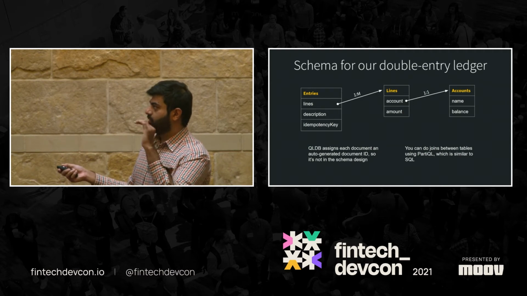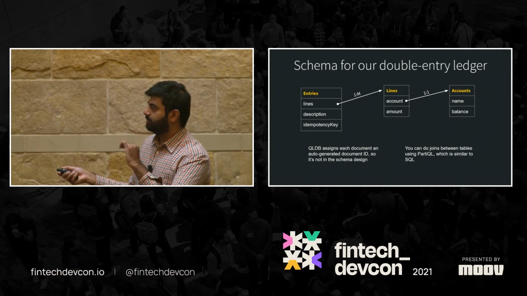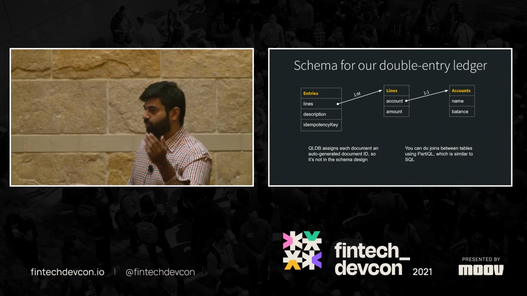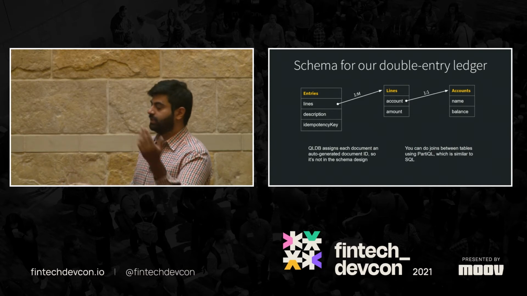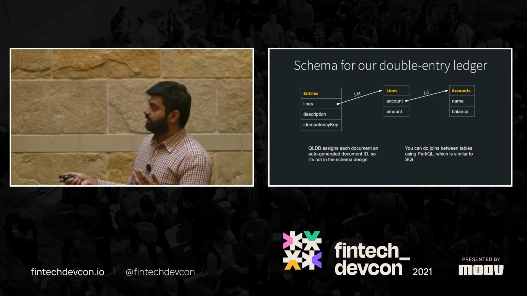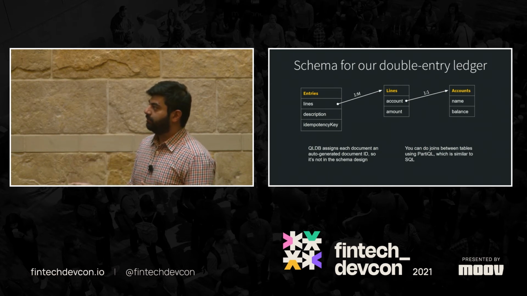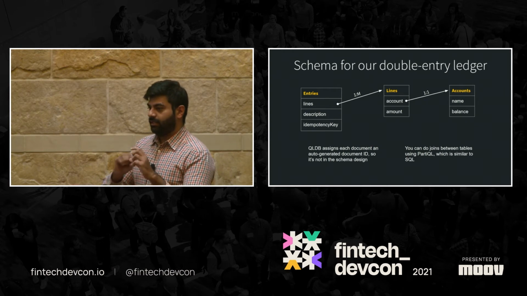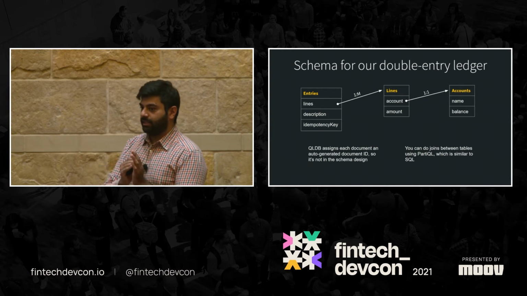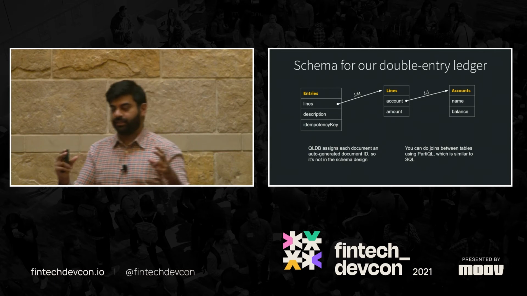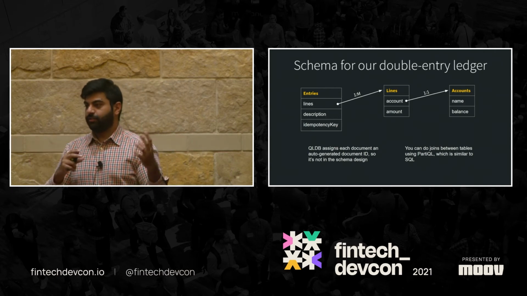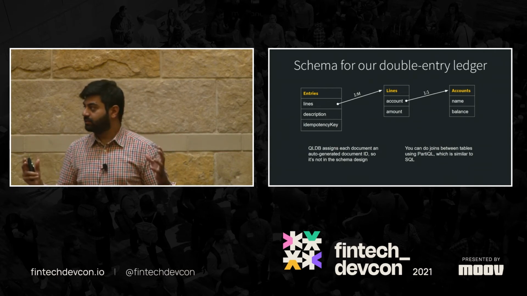They're just a name and a balance. Those accounts contain lines, which were like the $2 I spent on a burger, the $5 I got in cash, and then those lines are contained inside entries, because you want to make sure that whenever you add a set of lines, they can be treated as one object, which is an entry, and that entry is balanced.